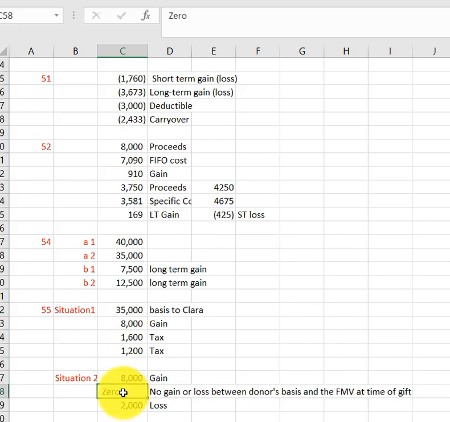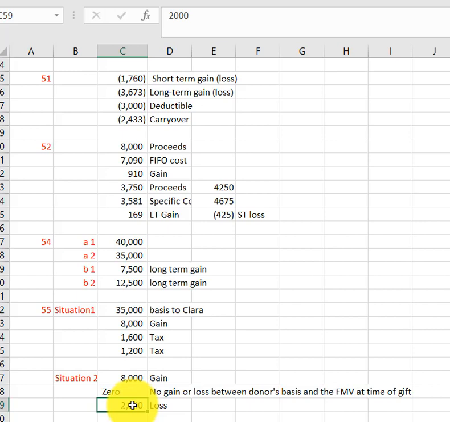But if we sell it at 33, that's in between 30 and 35, in between the donor's basis, what they paid for it, and the fair market value at the time of the gift. Anything in between those two, one of those is what's called the loss basis, the other is the gain basis. If you sell it in between those two numbers, then it is no gain or loss. If you sell it below the loss basis, or the fair market value at the date of the gift, it's a $2,000 loss, $28,000 compared to $30,000.